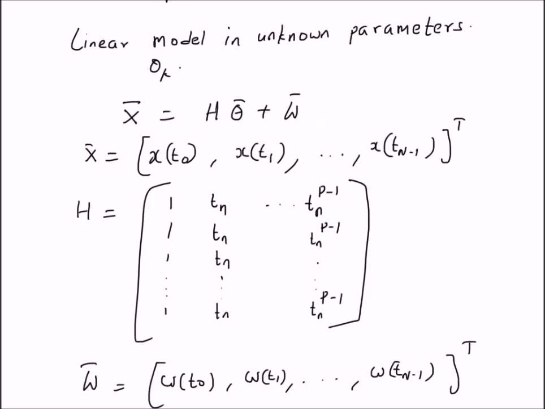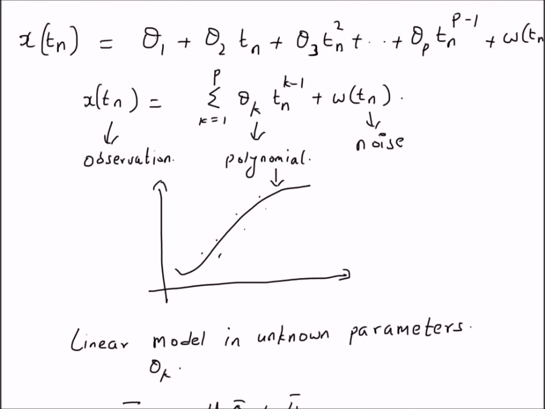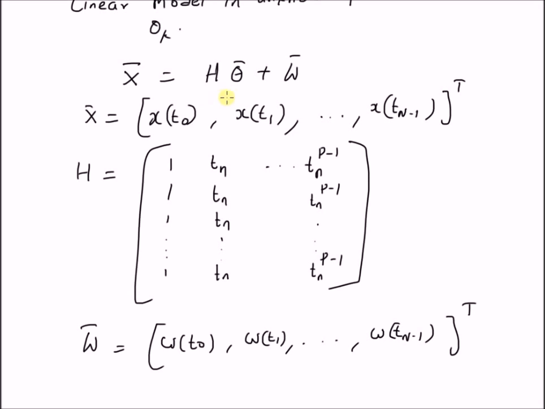So thus we have converted the polynomial model given here to a linear model x bar equal to h theta bar plus w bar, where h, the observational matrix, consists of all the higher order terms. This is also known as Vandermonde matrix.